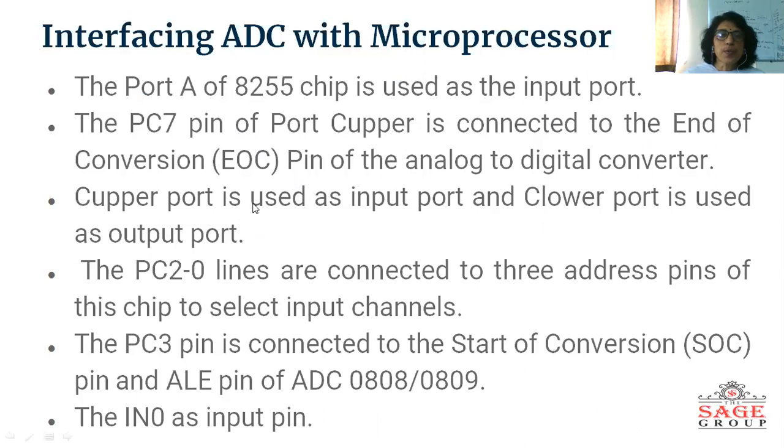The C upper port is used as input port and C lower port is configured as output port, because the lower PC0 to PC2 lines are connected to the three address lines of the input channel, that is, the address pins A, B, C. PC3 pin is connected to the start conversion pin and ALE pin of ADC0808, which we have already seen in the diagram.